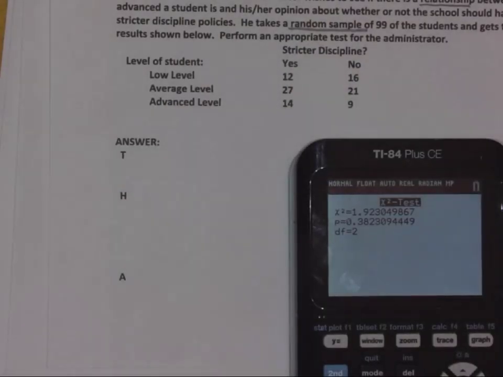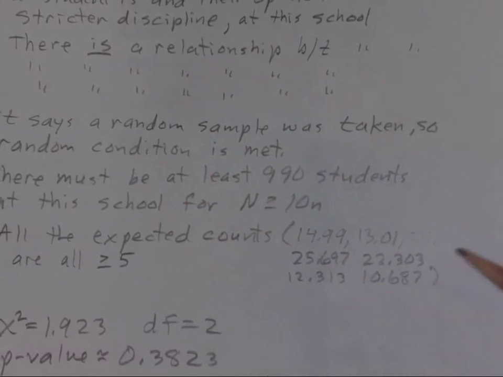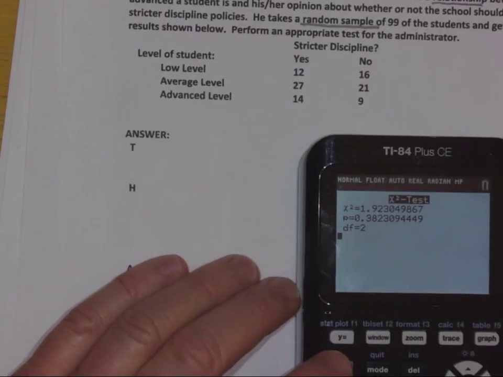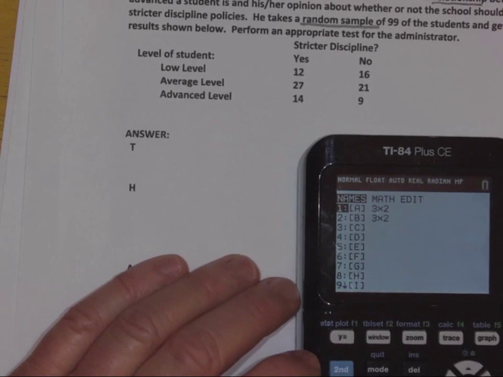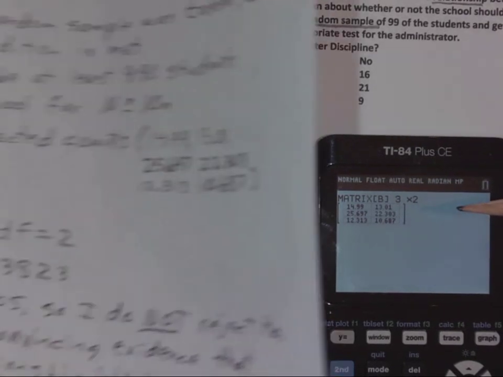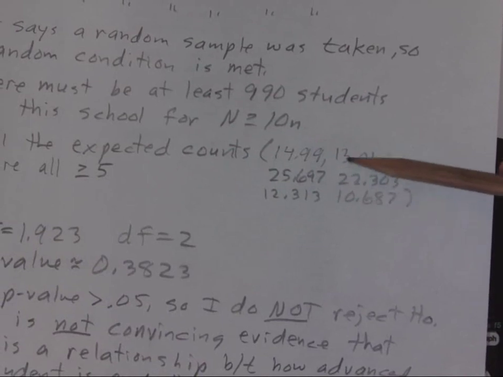Now, by the way, once again, these expected values, how did I easily access them? Well, they were stored in matrix B. So if I go second matrix, and scroll over to edit, and then go edit matrix B, there's those numbers. There's the expected counts. So if the null was true, this is how much we're expecting to be in each cell.